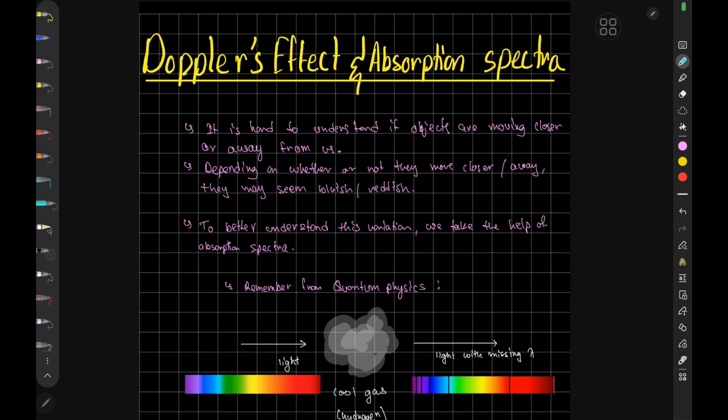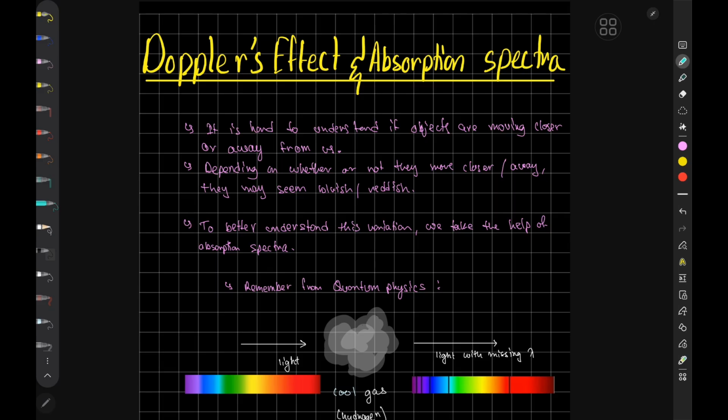Now, the next thing we're going to be touching upon is Doppler's effect, and over here we're going to be using absorption and emission spectra to analyze Doppler's effect, or understand what Doppler's effect is.